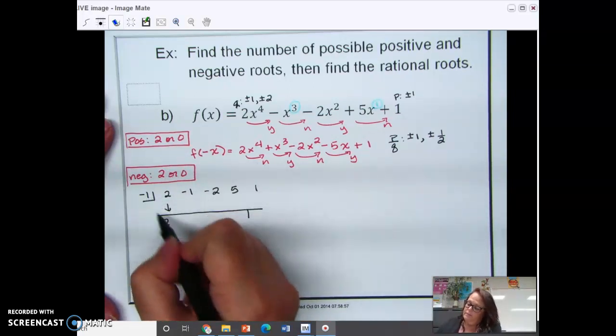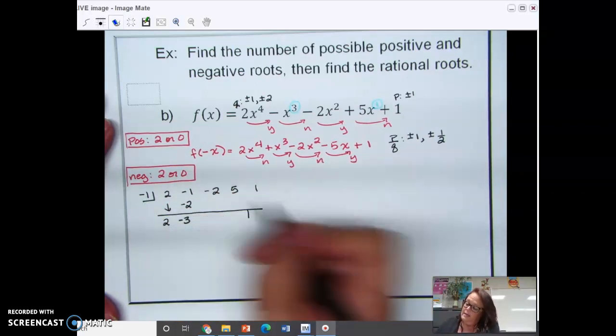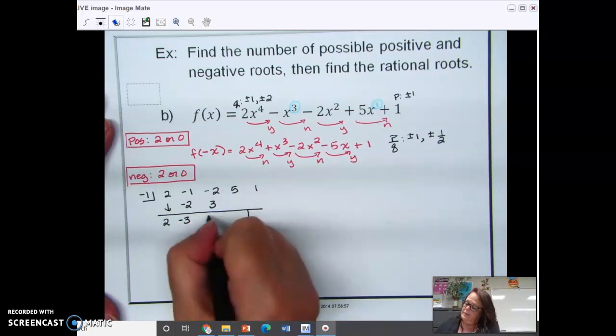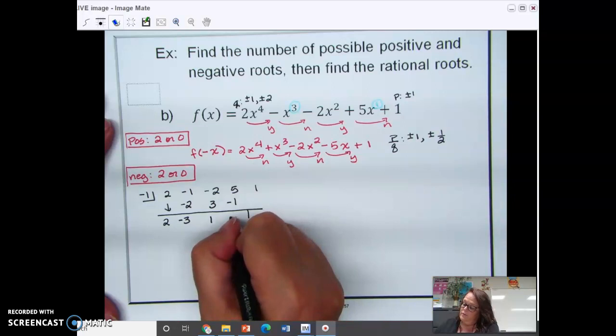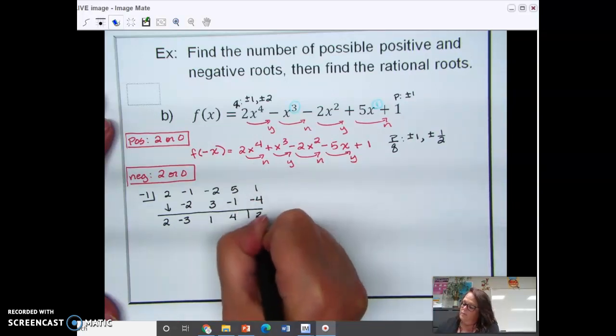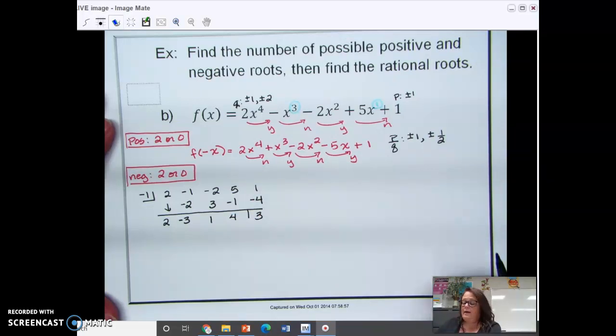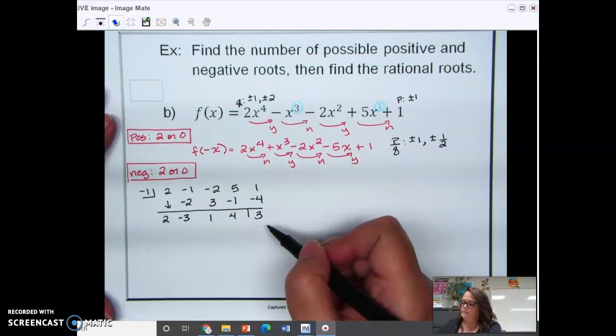So I have 2 times negative 1 is negative 2, and their sum is negative 3, times negative 1 is 3, their sum is 1, times negative 1 is negative 1, adding 5 makes 4, times negative 1 is negative 4, and we get 3 here. So I do not have a remainder of 0, so that is not a root of the function.